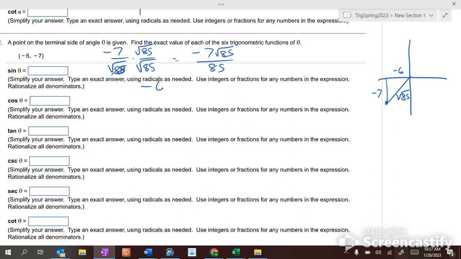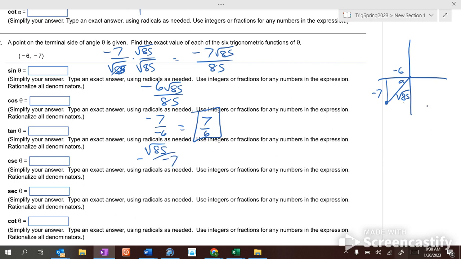Cosine would be negative 6 square root of 85 over 85 if you follow the same thought process, right? What's tangent? So from here, opposite over adjacent is negative 7 over negative 6, which is 7 over 6. Cosecant. So it's the square root of 85 over negative 7.